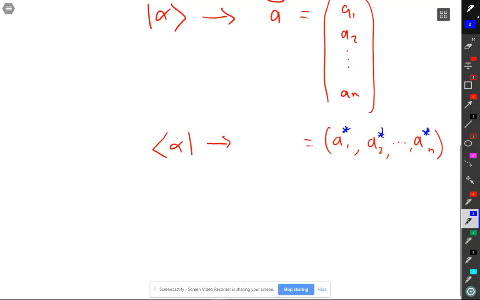Now, what do I get when I put that together? Actually, it goes the other way.